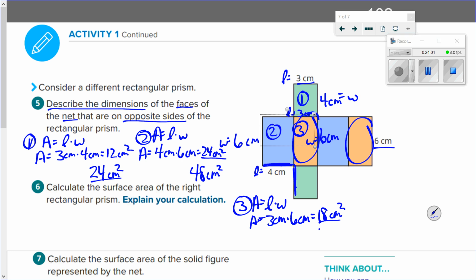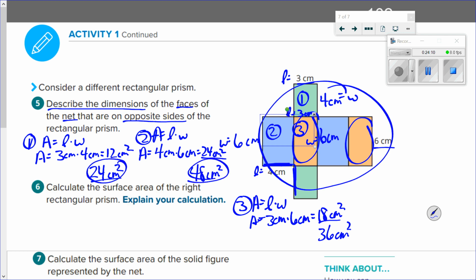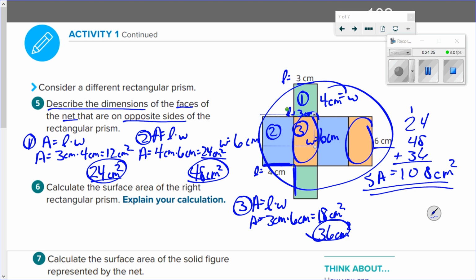So if one's 18, 2 would be 36. To find the total area of my entire figure, I add 24, 48, and 36 together, which gives me 108. Don't forget your units. So the surface area for this whole figure is 108 centimeters squared. Does that make sense to everybody?